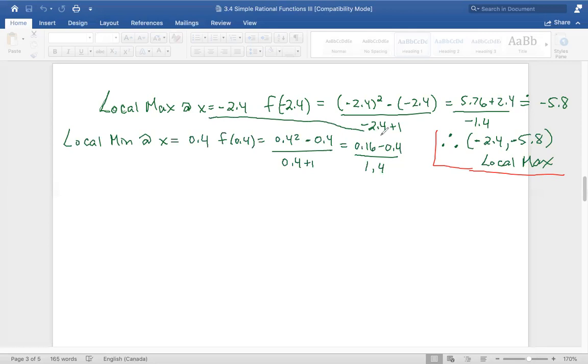And here I had an answer of approximately -0.17. So therefore my local minimum point is at an x value of 0.4 and a y value of negative 0.17. Again, if we're graphing it, we can make that -0.2. And just to point out there that that's my local minimum, and I'll need that for graphing. So I can just highlight that in some way. Local min and local max.